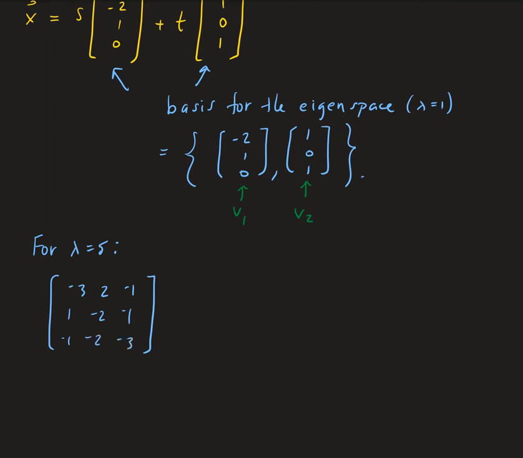Now let's do an REF on this. So we're going to get 1, 0, 1, then 0, 1, 1, and then all zeros on the last row.